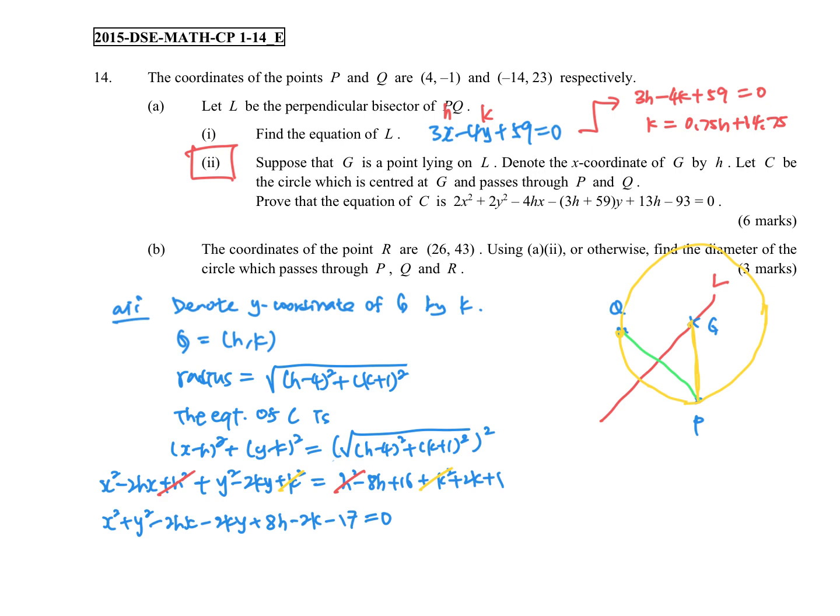Alright, so here we replace all k by 0.75h plus 14.75. And then just expand it.